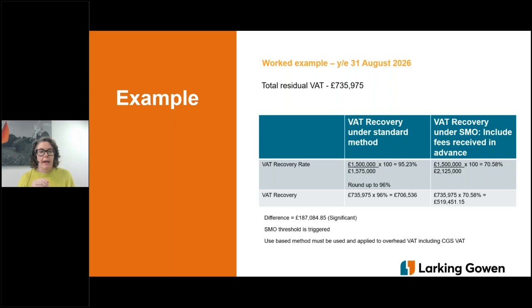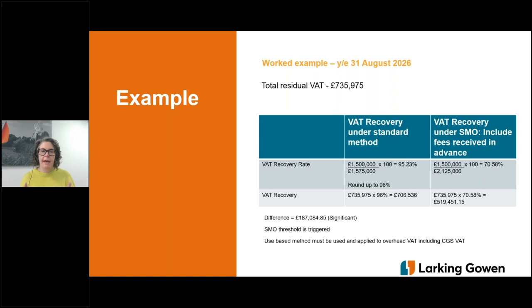If we look at the actual use basis though, what we might do is instead take our taxable income of £1,500,000 over our taxable plus exempt plus the fees in advance. So that gives us £2,125,000. And in that scenario, we've then got a residual recovery rate of 70.58%. So we can see that there is a significant difference between the percentage recovery rates.